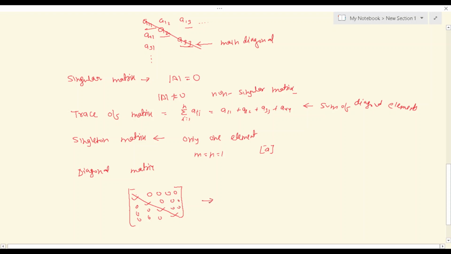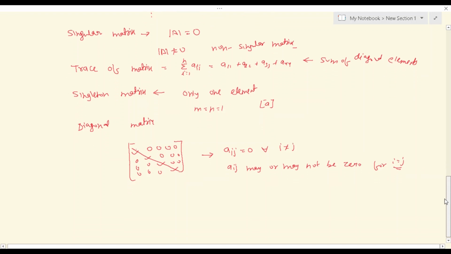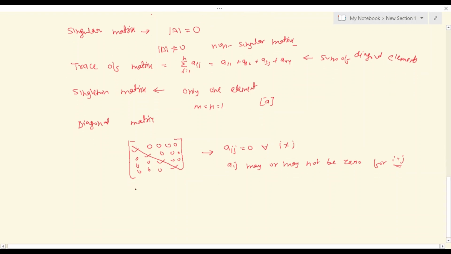We can write this in general terms: Aij is equal to 0 for all i not equal to j, and Aij may or may not be 0 for i equal to j. That means this may be 0 or this may not be 0.